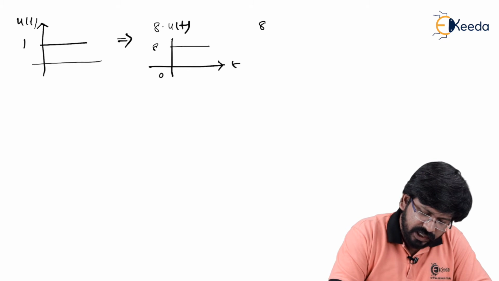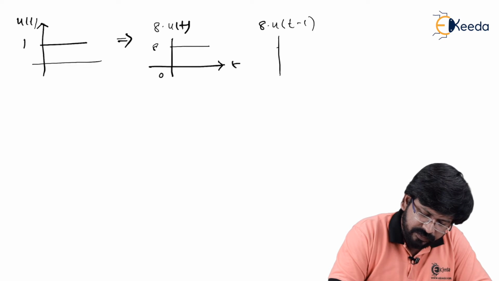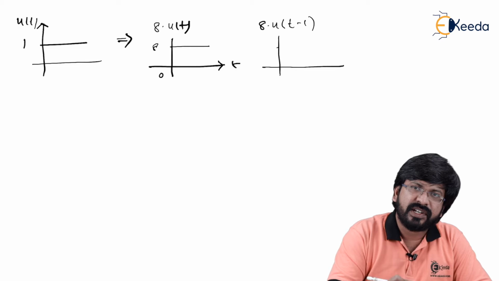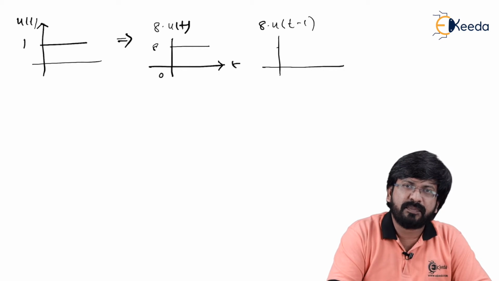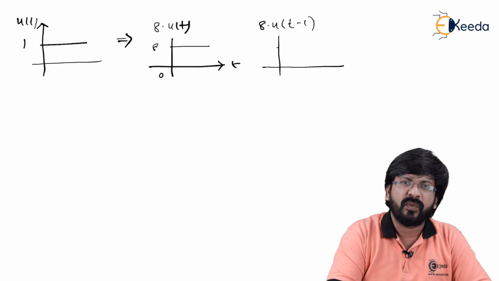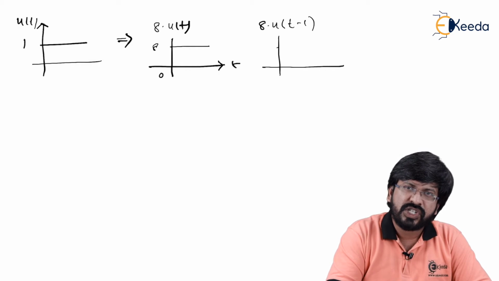If I say 8 times u of t minus 1, what does that mean? Minus 1 indicates delaying the signal. Whenever you delay a signal in terms of time, you always shift your signal to the right-hand side. Please remember, whenever you say minus 1, it is delaying by 1. When you say plus 1, it is advancing by 1. When you advance it by 1, shift your signal to the left. Otherwise, shift your signal to the right when it comes to delay.